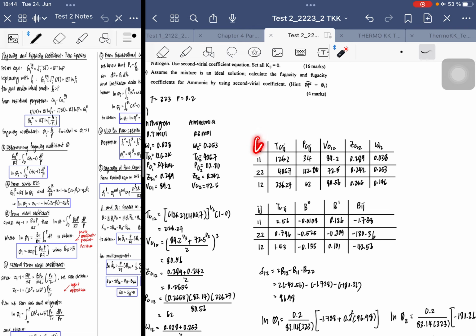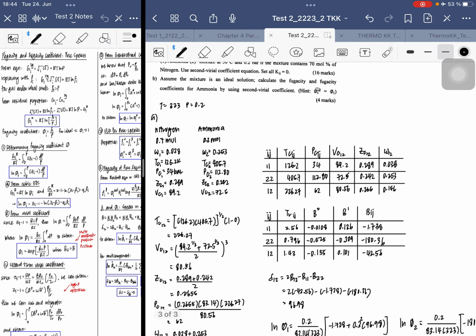When we talk about BI or TI or PI, I represents a species, and J means that we have species I and species J. So when I ask what is the pressure I, I'm referring to the pressure of the first species. If I say what is PJ, then I'm referring to the pressure of the second species, the species being nitrogen or ammonia.